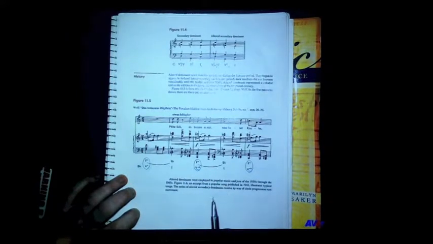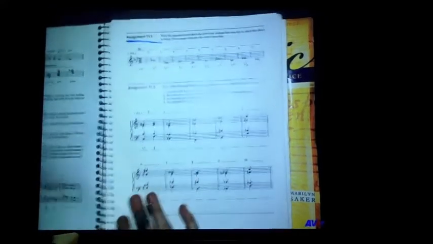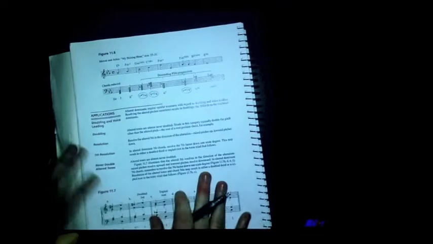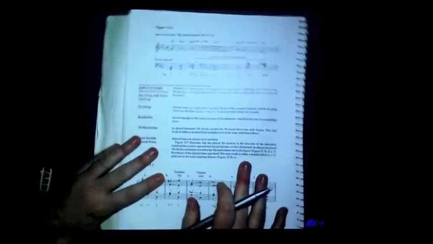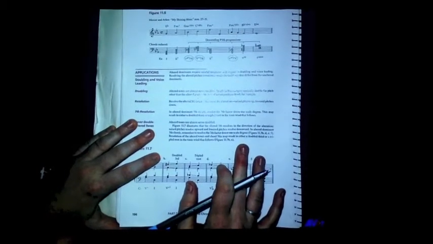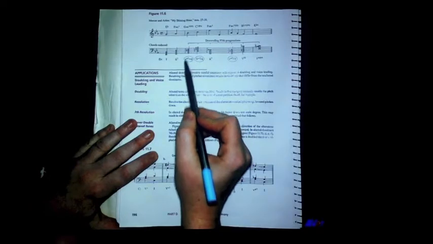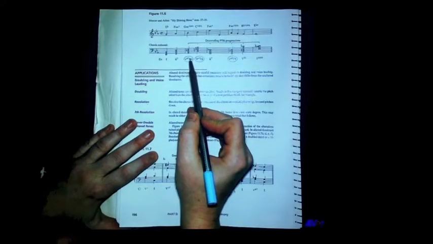Cool? We also get a lot of altered dominants in jazz, especially during its heyday in the 30s and 40s. We can see right here, and again, I will post a link, you can see this, 11.6. We have altered secondary dominants. So you've got a diminished, here's our lowered third and lowered fifth.